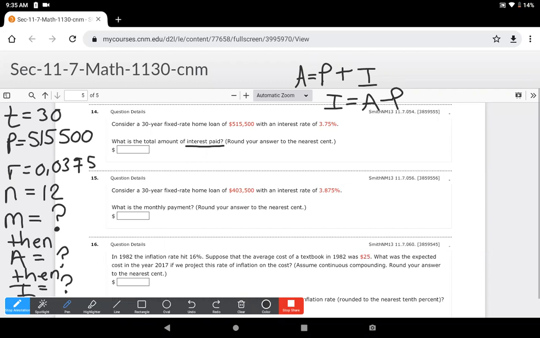And partly why we're using the formula we will and not future value is because this is a home situation, right? When we have PRT, these home loans, we've been using amortization. That's the home loans.